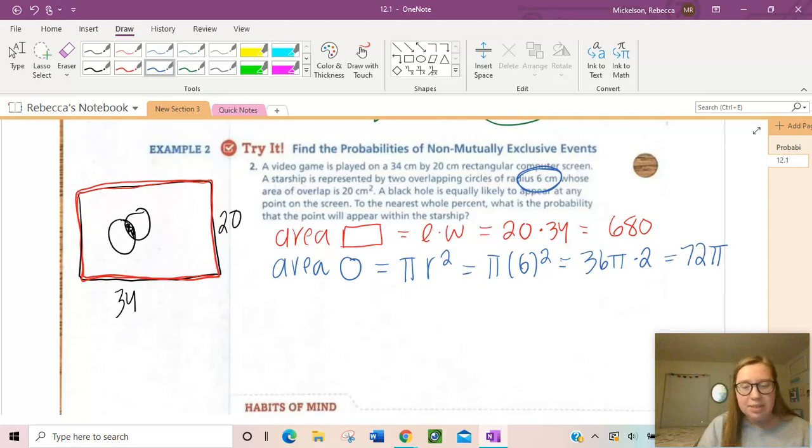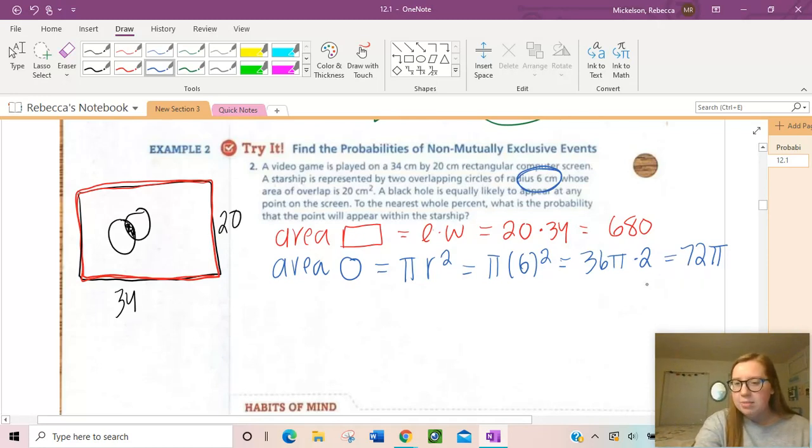I don't know what 72 pi is, so I'm going to turn that into a decimal so I have a better understanding of what that number actually is. And I'm going to have to round, but we're okay with that. 72 pi times, let's just make it 3.14, is 226.2. So the area of those 2 circles is 226.2.